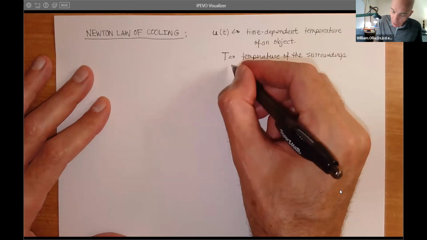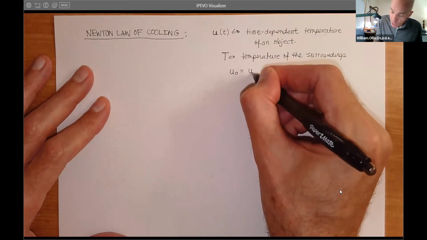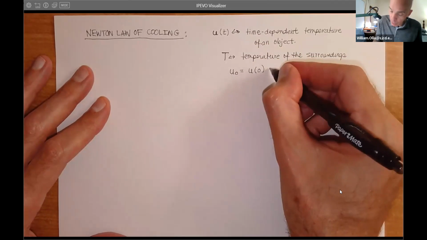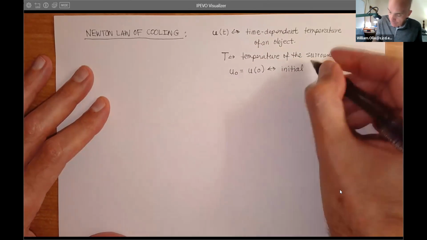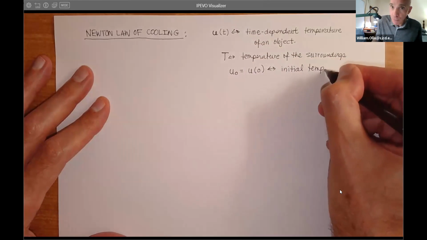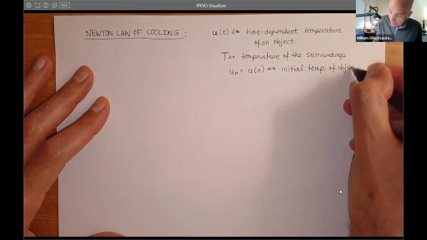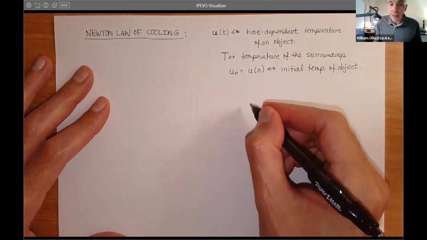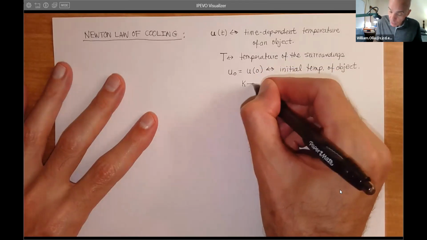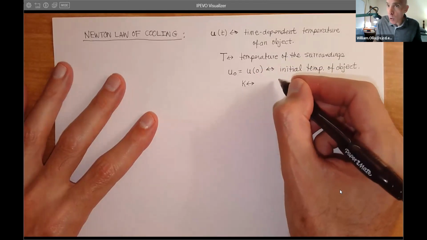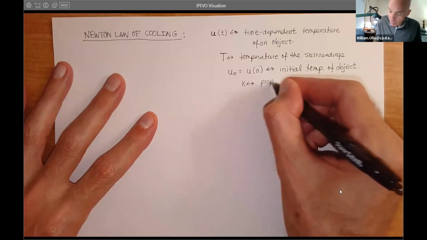U sub 0 will be the initial temperature of the object, just like we have y sub 0. And then, of course, we're going to have k, which will be the proportionality constant. Before we called that the relative growth rate.